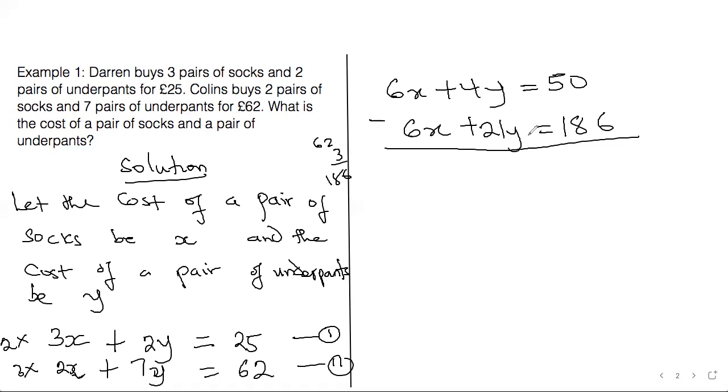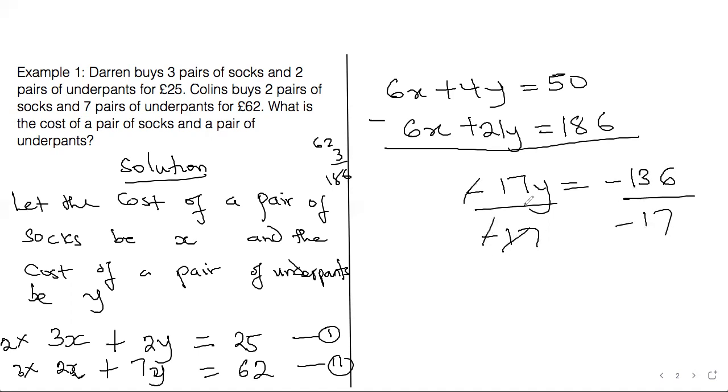Then 4Y minus 21Y will give you minus 17Y equals 50 minus 186, which should give you minus 136. If we divide both sides by minus 17, you should have 8. So it means Y equals 8.